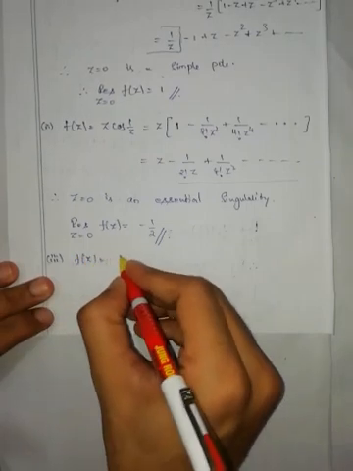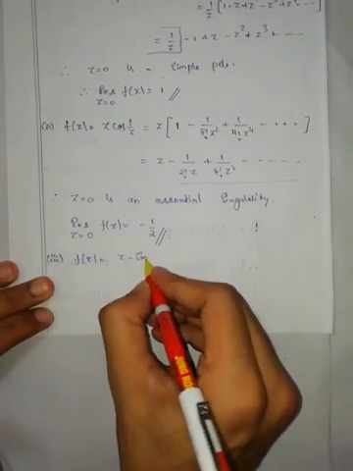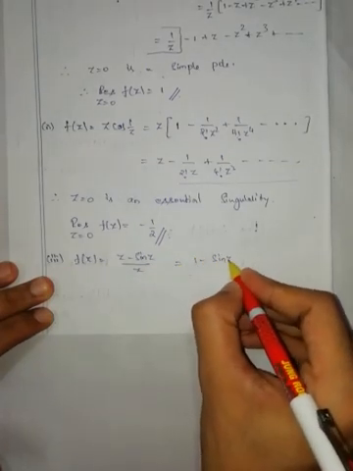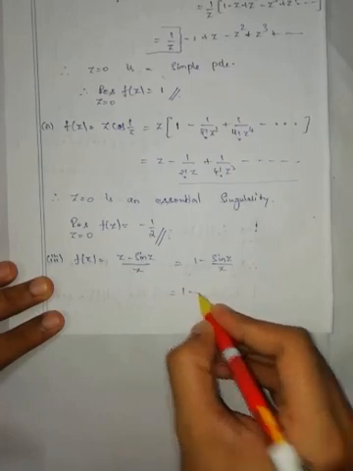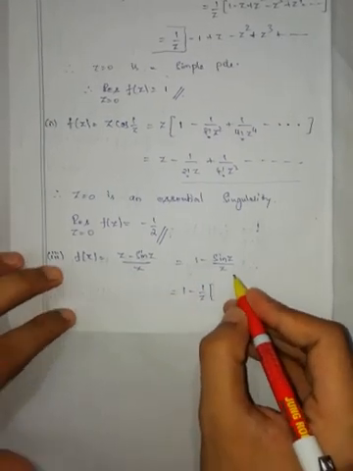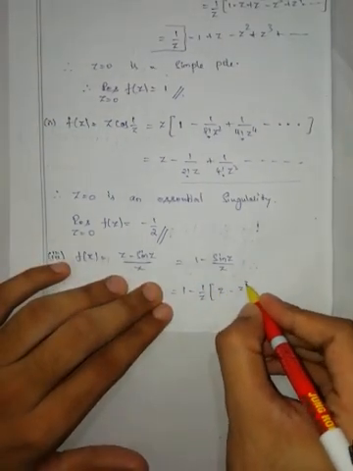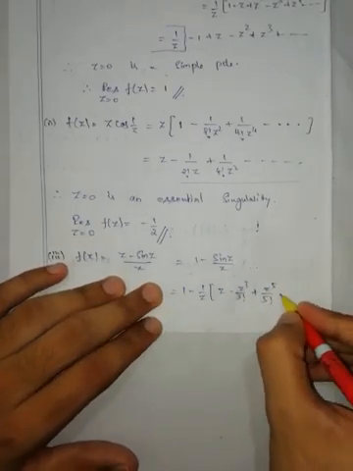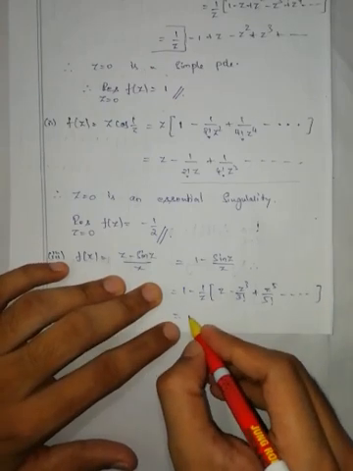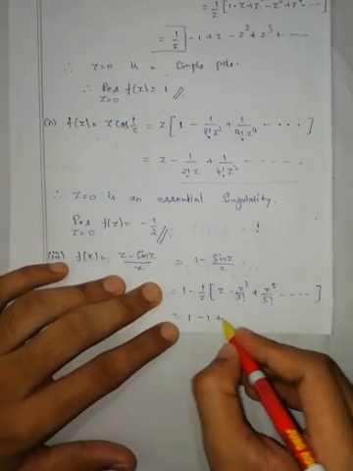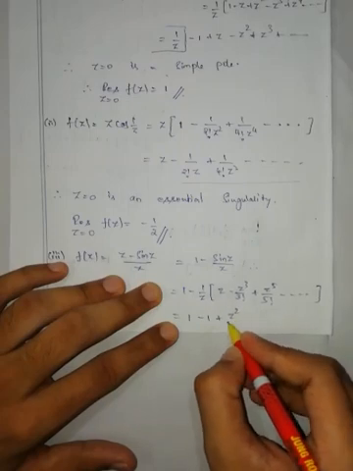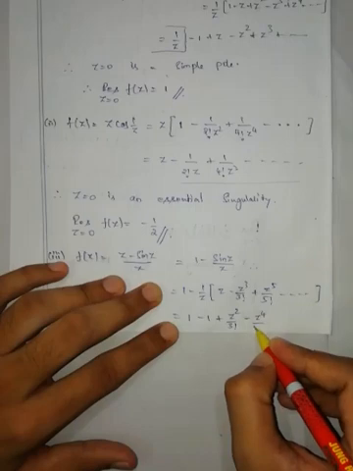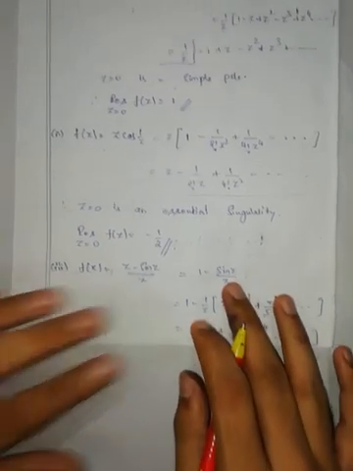f of z is equal to z minus sin z by z. This one can be written as 1 minus sin z by z, which is equal to 1 minus 1 by z, expand the sin z, z minus z cube by 3 factorial plus z power 5 by 5 factorial minus so on. 1 minus 1 plus z square by 3 factorial minus z power 4 by 5 factorial so on.